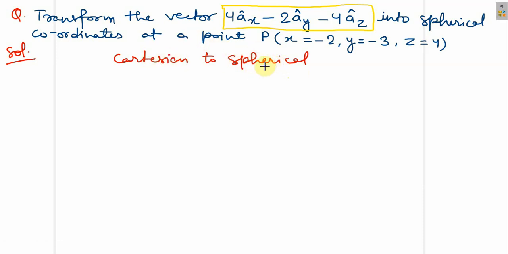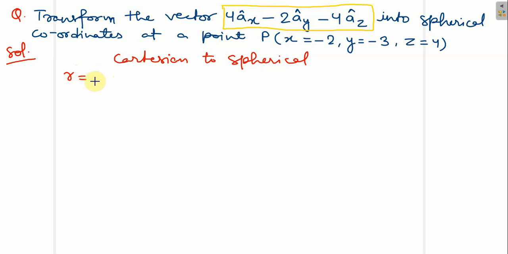Now for Cartesian to spherical transformation, in the earlier classes while I was discussing this topic, I had discussed the transformation formula also, the magnitude transformation as well as the unit vector transformation. Both will be required in this numerical. So for the Cartesian to spherical magnitude transformation, we need to recall the formula. If it is given in x, y, z and we want r, theta, phi, then what is the formula?